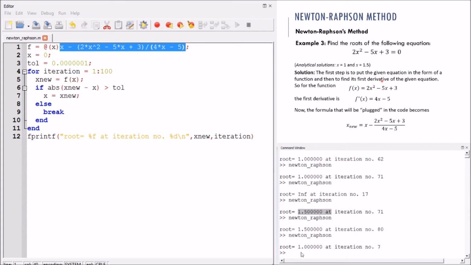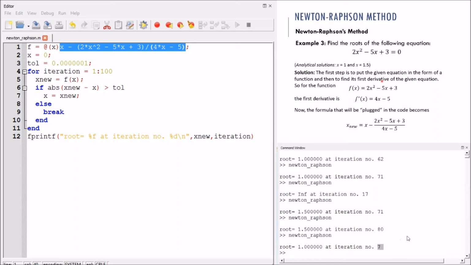So here, see, root equals 1 at iteration number 7. If you remember, the value 1 was obtained at iteration number 62 with the simple iterations method. But here, with the Newton-Raphson method, we obtained the solution at only 7 iterations.